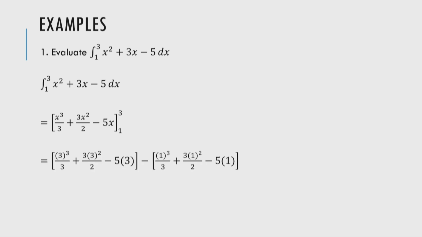Substituting the limits starting with the upper limit first, we get 3 to the power of 3 over 3 plus 3 multiplied by 3 to the power of 2 over 2 minus 5 times 3 minus, now we substitute the lower limit, 1 to the power of 3 over 3 plus 3 multiplied by 1 to the power of 2 over 2 minus 5 multiplied by 1. Evaluating this, we get 10 and 2/3.